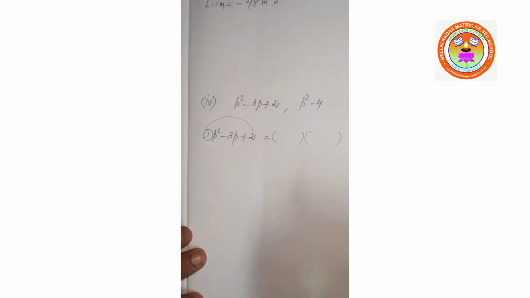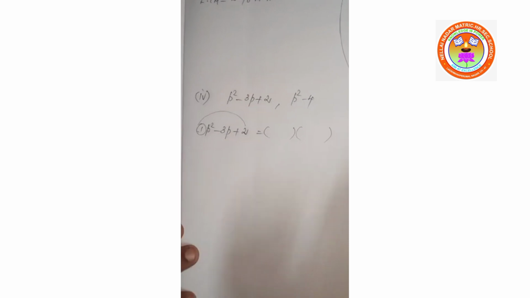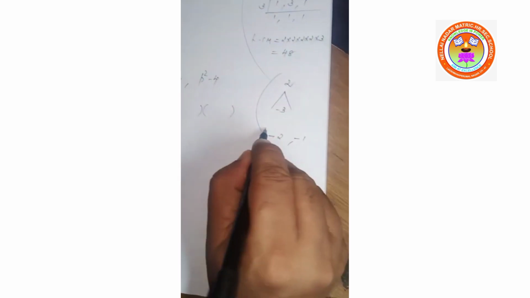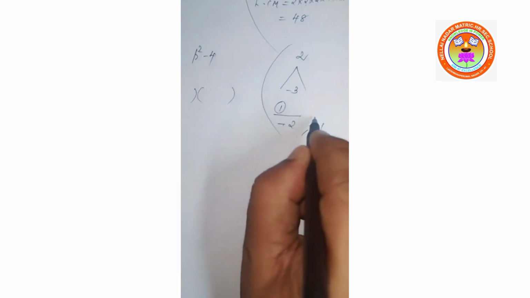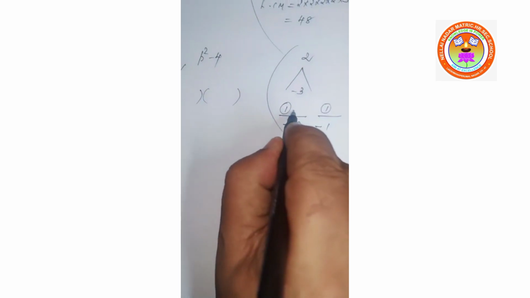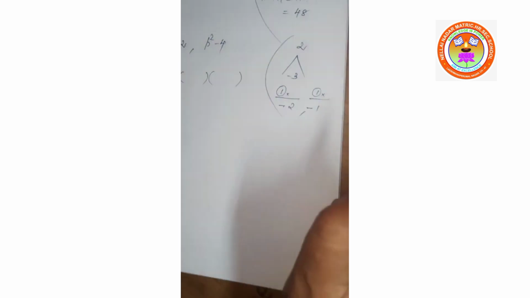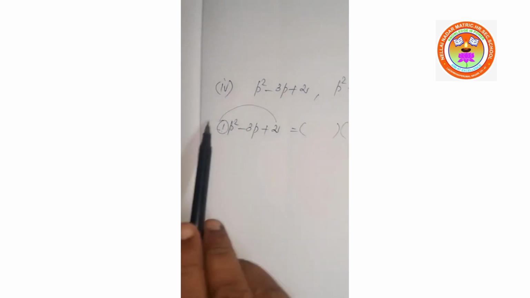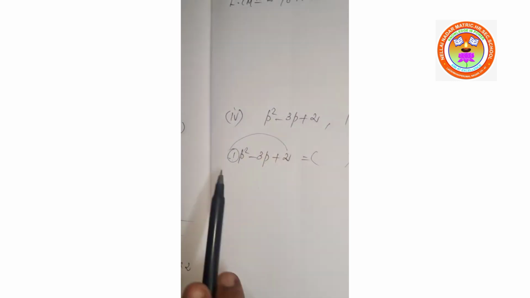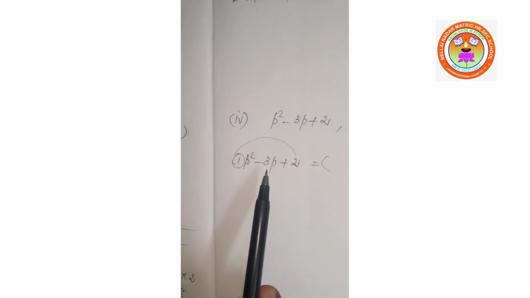How to find the factors in shortcut method? Listen carefully. What is the coefficient of p squared? 1. Write 1 in the numerator for both the numbers. Then put the into symbol. What variable do we have? The variable we have is p, because this quadratic expression is in terms of variable p.